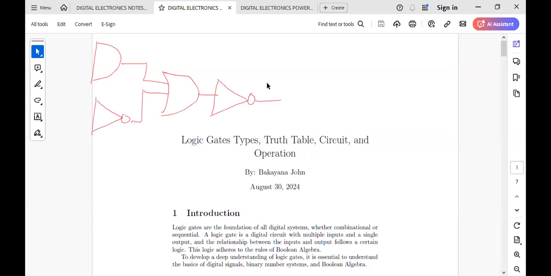What is the result? So this is 1, 2, 3. How many inputs are those?